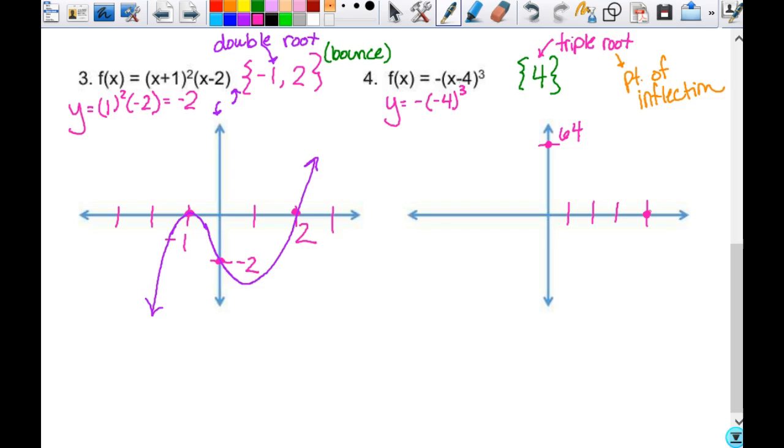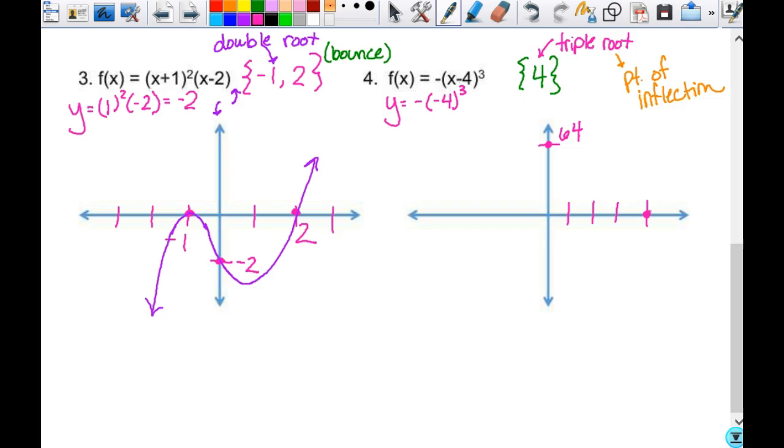And the leading coefficient is negative, and this is a cubic, so what's it going to look like? Right? End behavior. Which way is it? You tell me. Mine's backwards. This way, right?